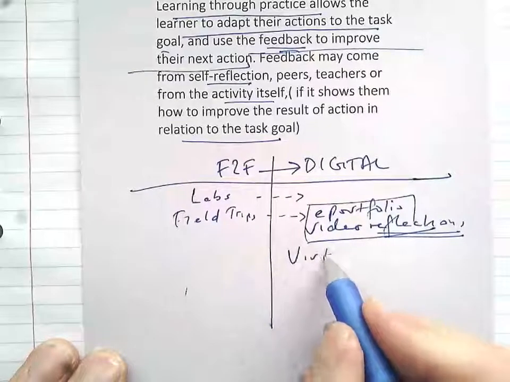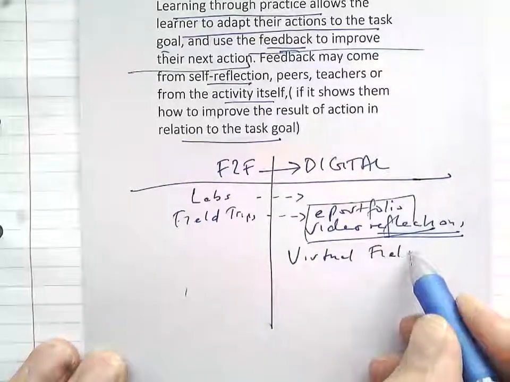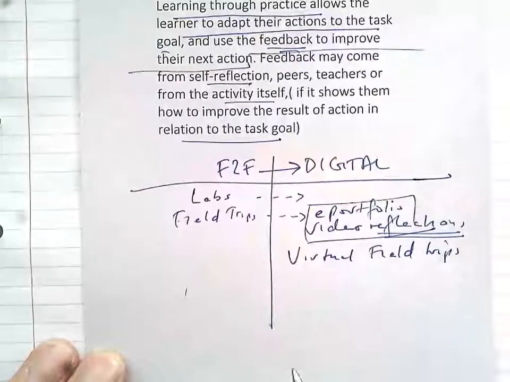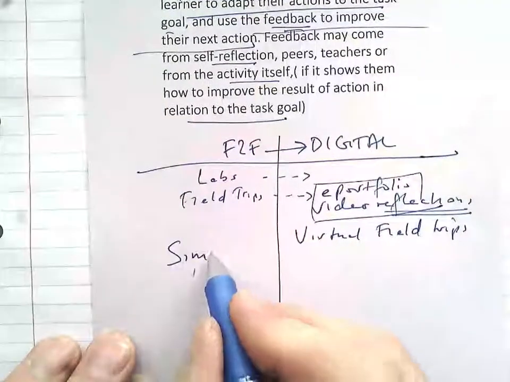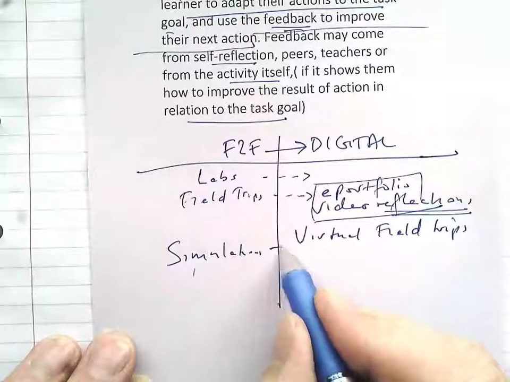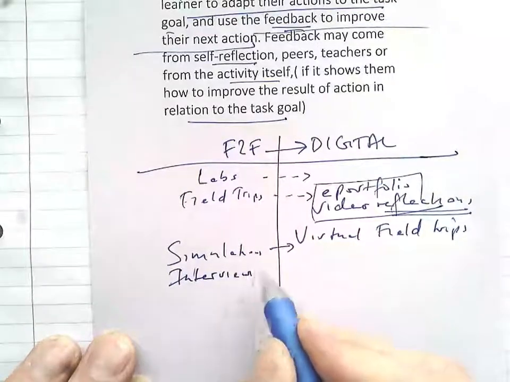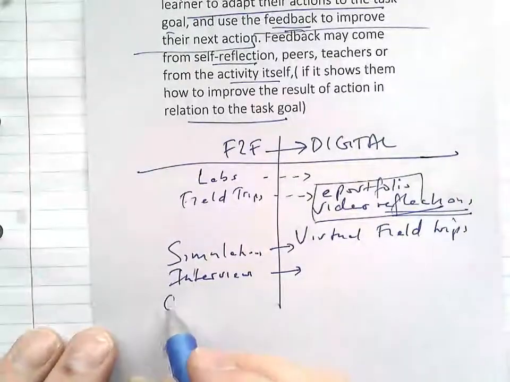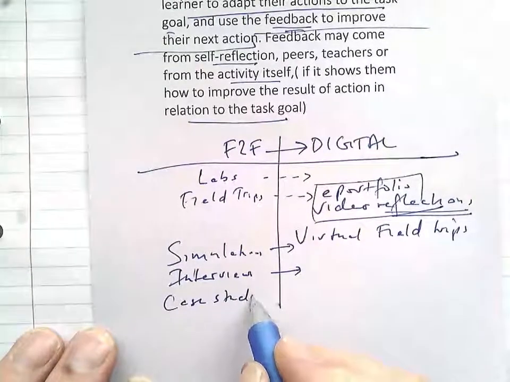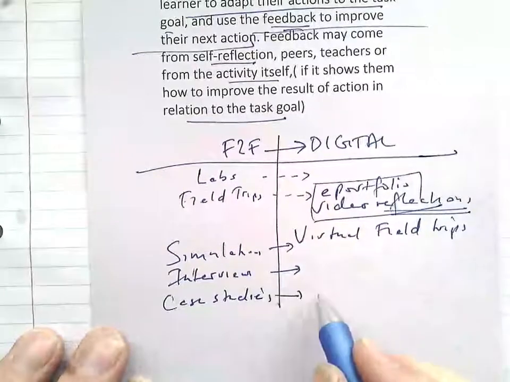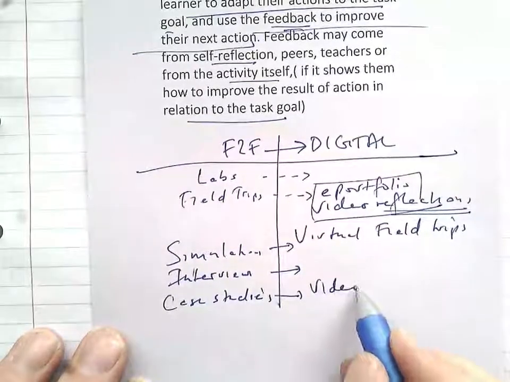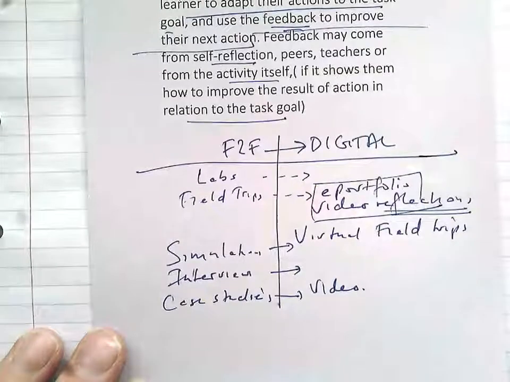And you can have virtual field trips. Simulations, easy to shift online. Interviews, easy to shift online. Case studies, again, you can use video. Lawyers at the University of Canterbury have some stunning case studies they have to deal with that have been put online.